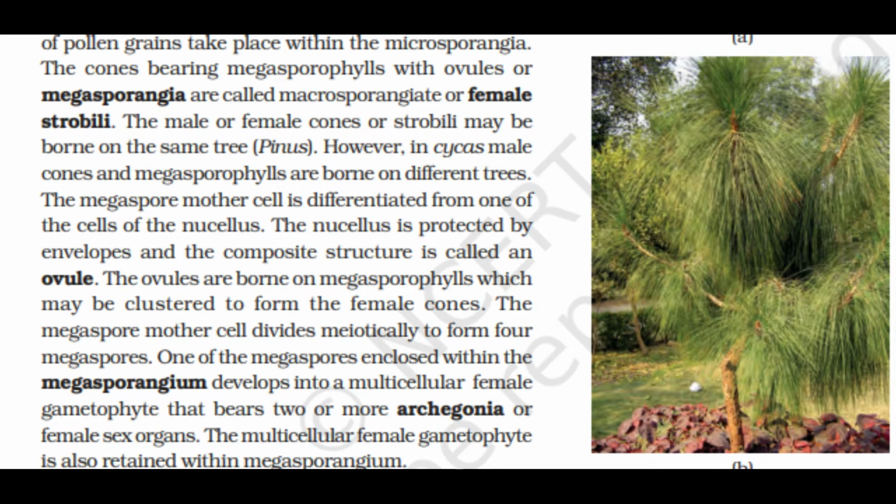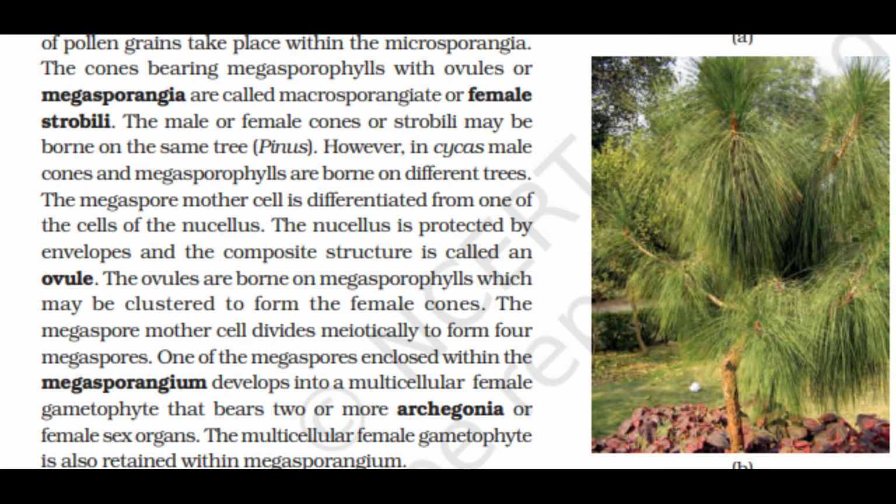The cones bearing megasporophylls with ovules or megasporangia are called macrosporangiate or female strobili. The male or female cones or strobili may be borne on the same tree, that is in Pinus. However, in Cycas, male cones and megasporophylls are borne on different trees.